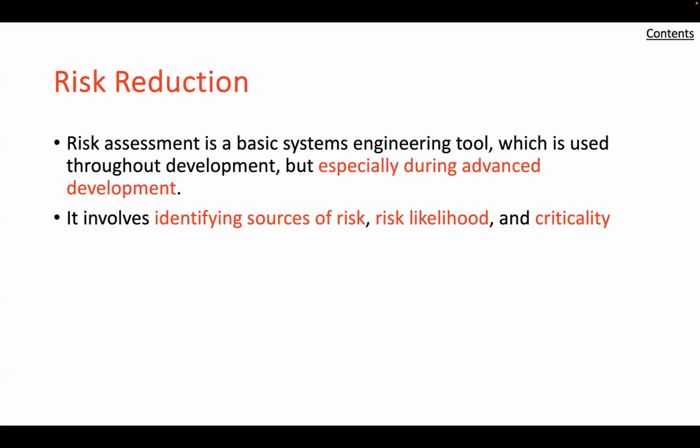All right, this will be the last section that we will cover before our summary review, and this is dealing with risk reduction. A major fraction of risk reduction during the system lifecycle should be accomplished during the advanced development phase.